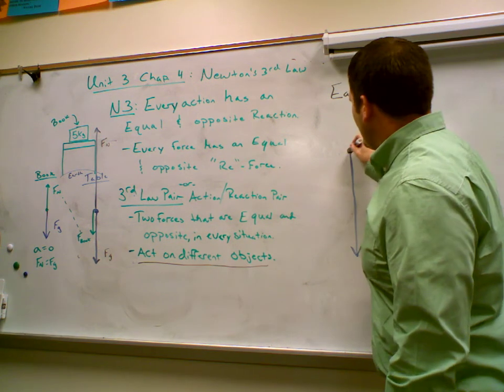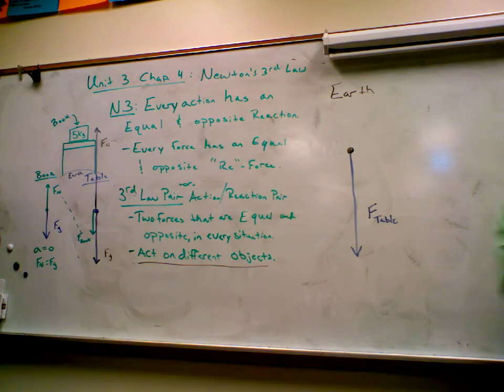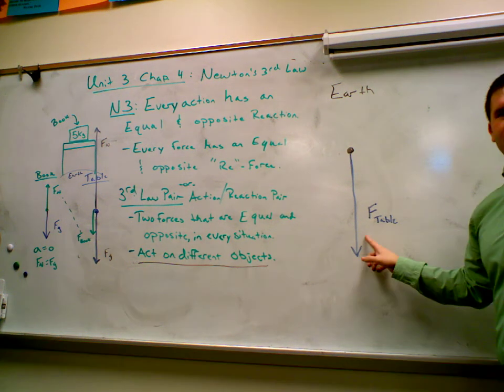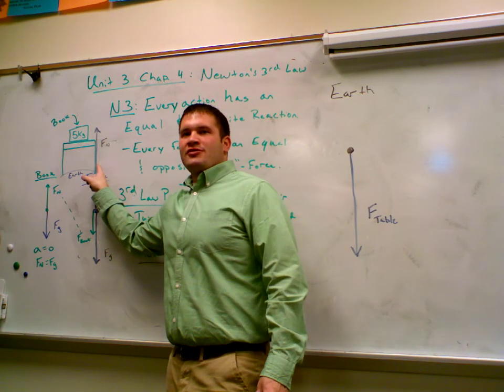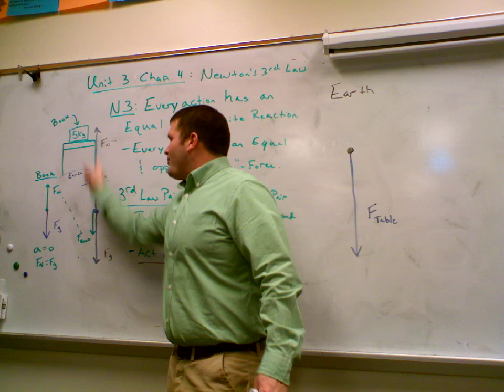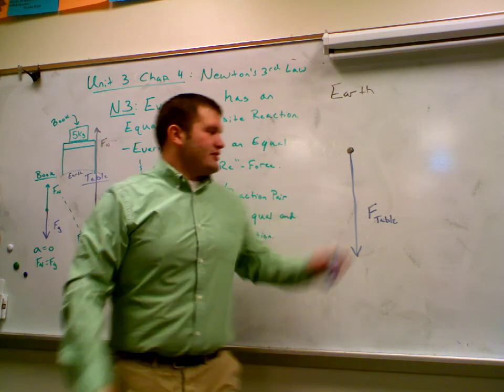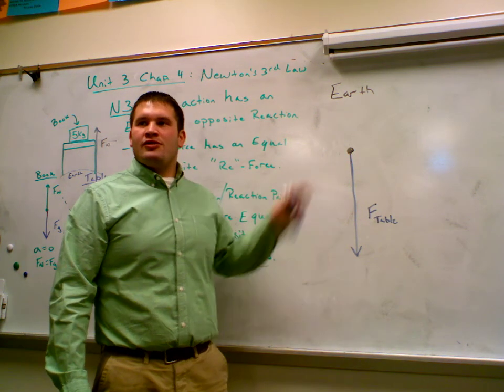Yes, nice, Richard. Pushing up. The earth pushing up on what? The table. This vector right here is a third law pair with this vector right here. This is the earth pushing on the table, right? This is the table pushing on the earth.